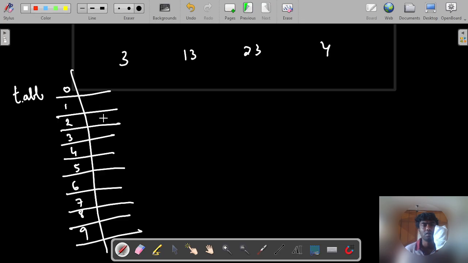So this is 3, which goes here, and 13, which gives us 3 as the initial hash 1.